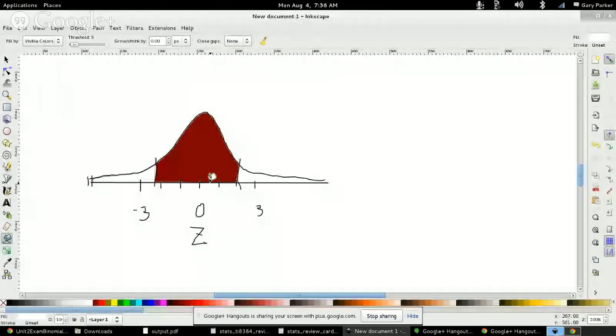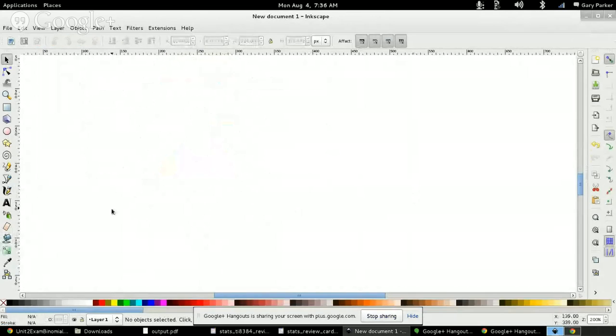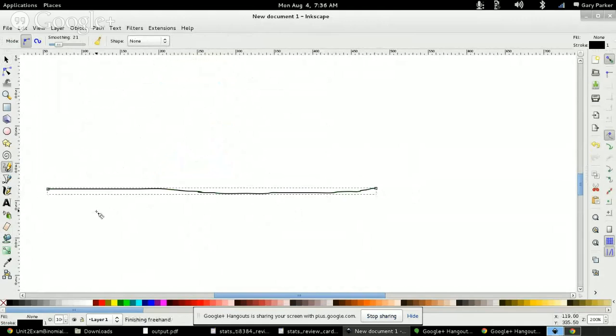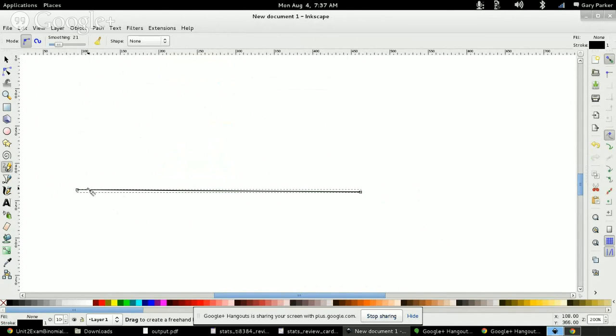So let's draw a new picture. It's supposed to be my axis, which is the straight line tool. And draw my normal curve.